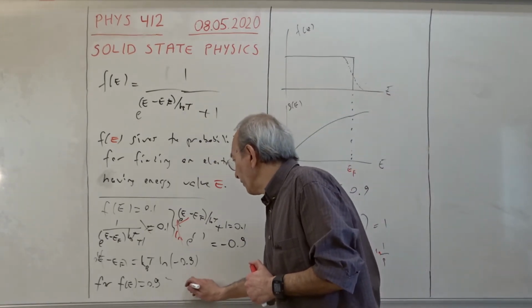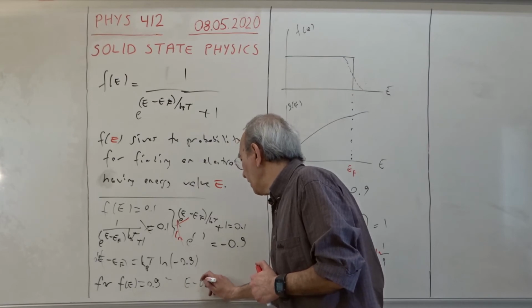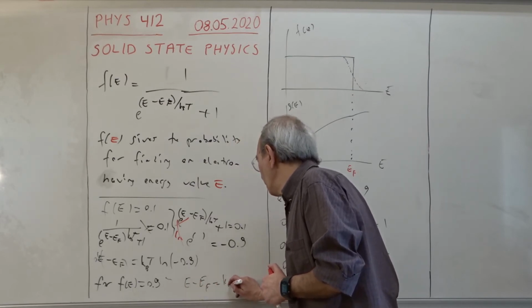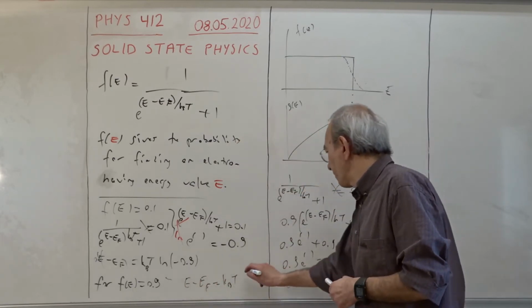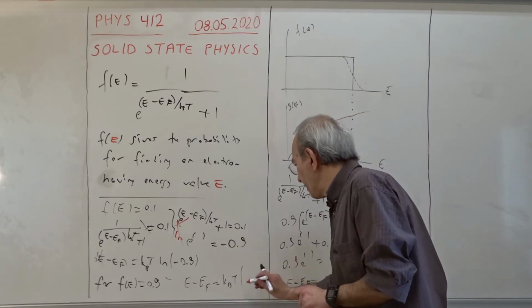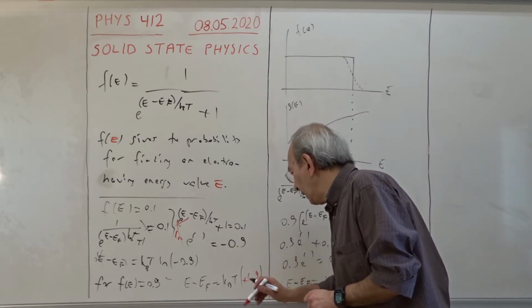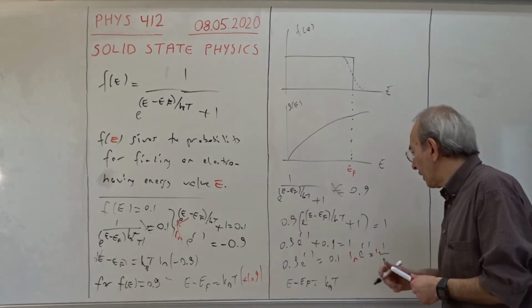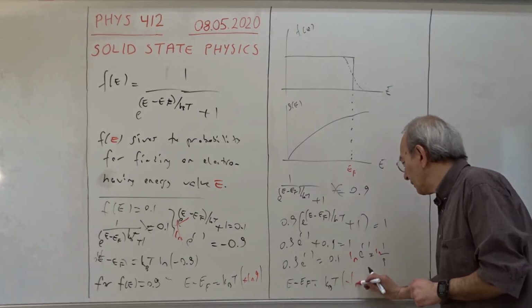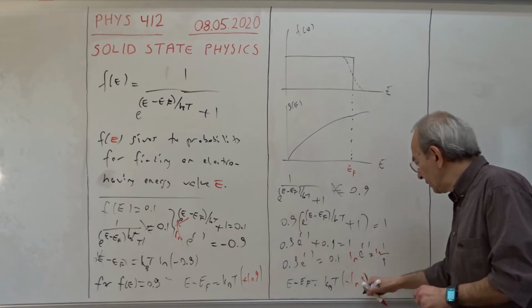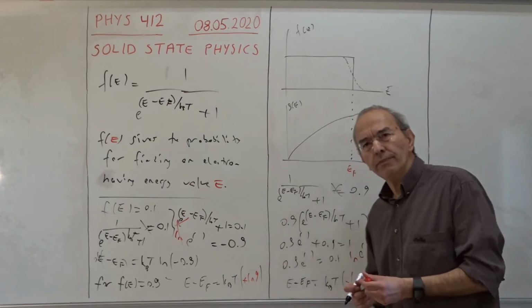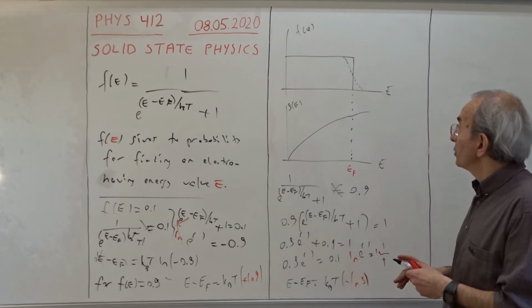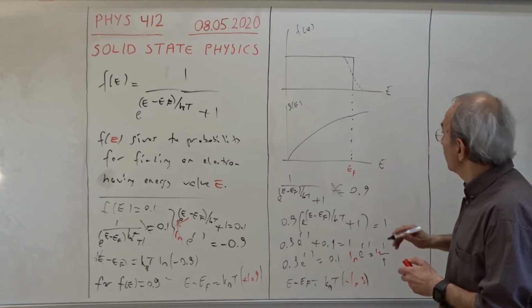Now we have E minus EF equal to kBT times plus ln 9. Here we have E minus EF equal to kBT times minus ln 9. But ln 9 is approximately 2.2.